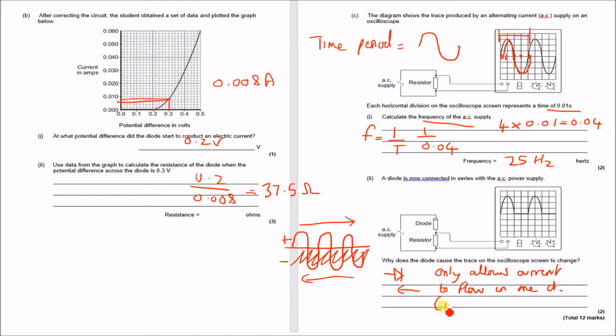In this case, positive PD, and that's because of the high resistance in the opposite direction. On the negative value here, where you get this part of the graph, the resistance is so high it doesn't allow the current to flow that way, and that's how a diode works.